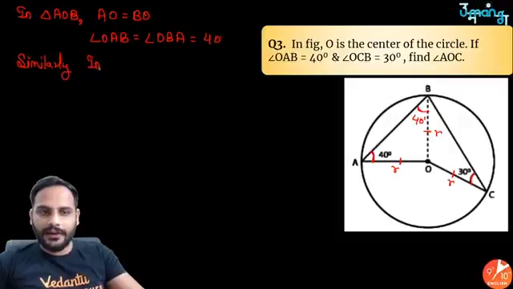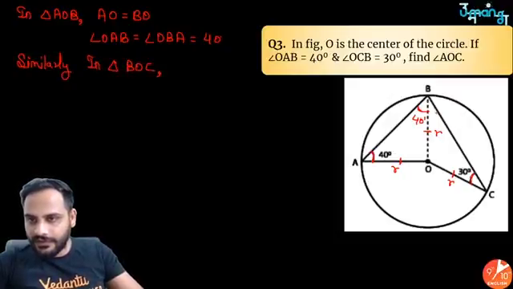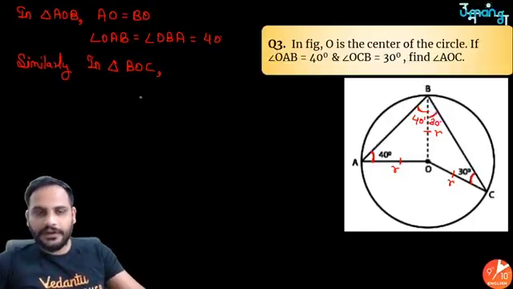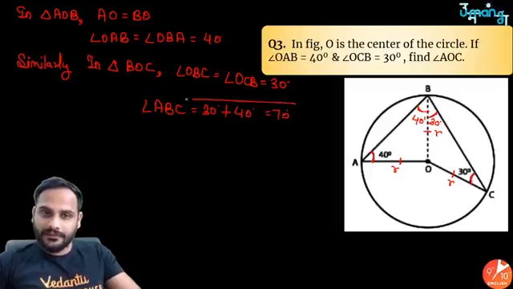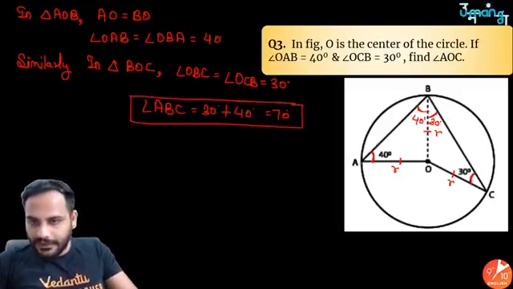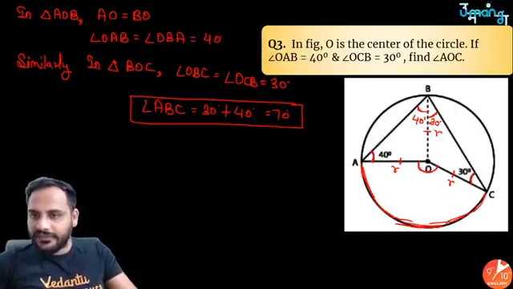Similarly, in triangle BOC, if it is 30 degrees, this will also be equal to 30 degrees. Angle OBC is equal to angle OCB. Both are equal to 30 degrees. Right? So I can say angle ABC now is equal to 30 plus 40, which is equal to 70 degrees. And beta, this arc is subtending an angle AOC at the center and ABC at the circumference.